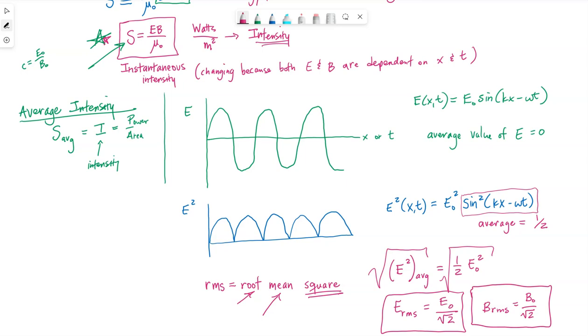Where this goes is if we come back up to our Poynting vector and we want an average intensity, we need to use RMS values. ERMS times BRMS over mu naught would give us an average intensity, which means it would equal power divided by area.